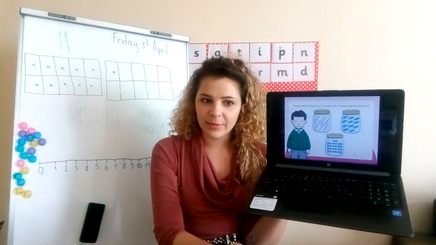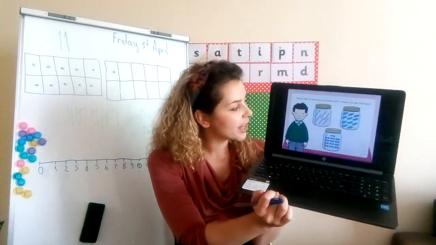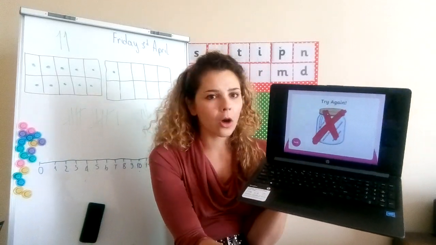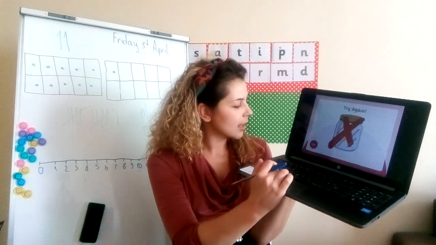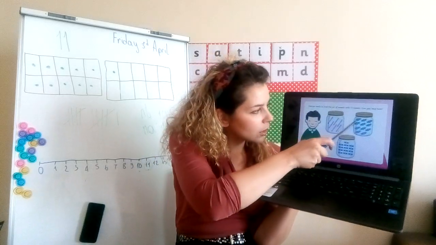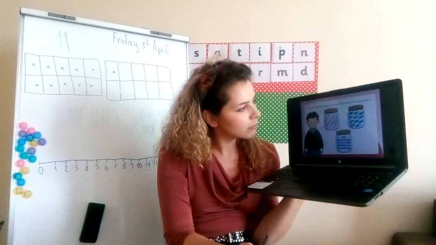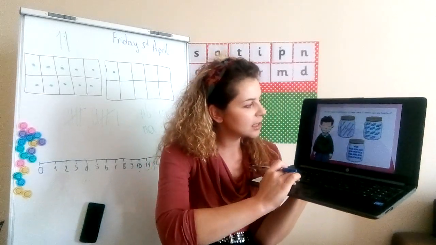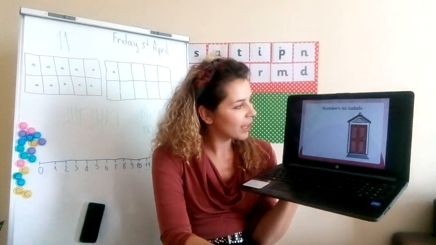Well, 6 is not the same as 11, but I'm just curious to find out what's going to happen if I click on this. Uh-oh, I don't want to see that. So I can click back and try again. 1, 2, 3, 4, 5, 6, 7, 8, 9, 10, 11. Is it this one? I don't know. You will have to check at home.